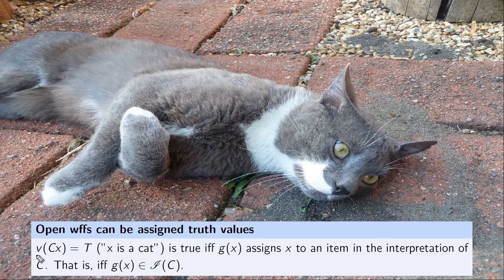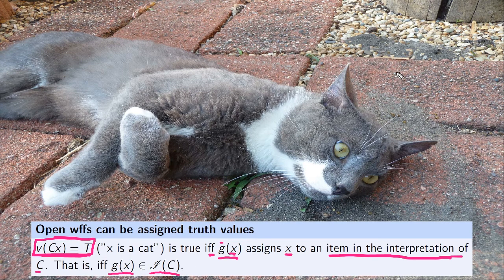So we say that this formula Cx is true if and only if Gx, that is, the item the variable assignment G assigns to x, is in the interpretation of C, that is, the interpretation of the cats. To put it more straightforwardly, Cx is true relative to a model and a variable assignment G if and only if the item picked out by Gx is in the interpretation of C.